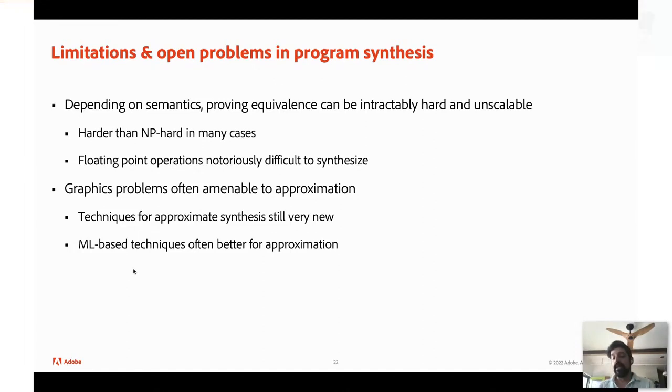But the other thing that people try to do is just use ML-based techniques, because when approximation is appropriate, you can often get better approximations using machine learning than trying to synthesize an approximate algorithm. And so perhaps one day there will be a way to unify some of these techniques. I'm going to point out a paper that will be in SIGGRAPH 2022 later in this talk that might be of interest to people who want to see where that area is going.